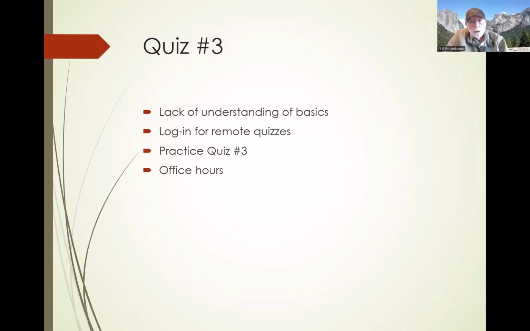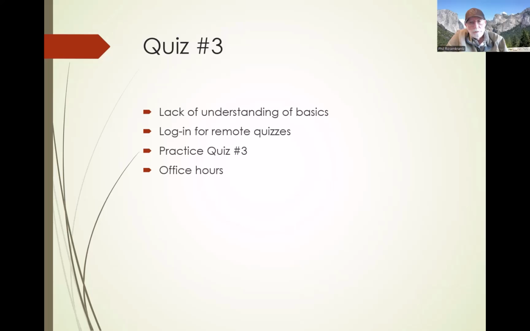And what you need to know is that when you're taking the quiz, like you're going to next time, quiz number 4, you need to log in at 5:30. If you don't, you're taking a chance that when you get to 60 minutes, you will be cut off. That's the time allowed on a quiz.